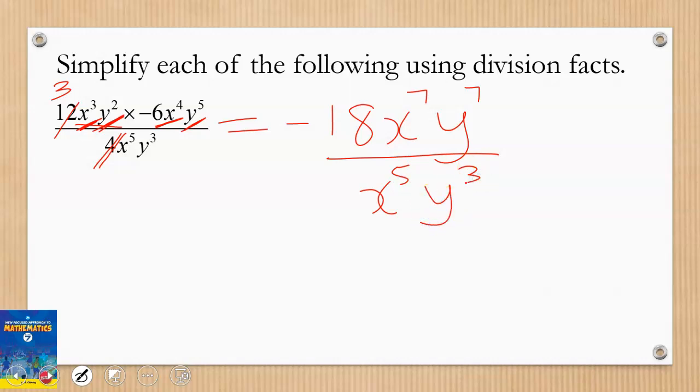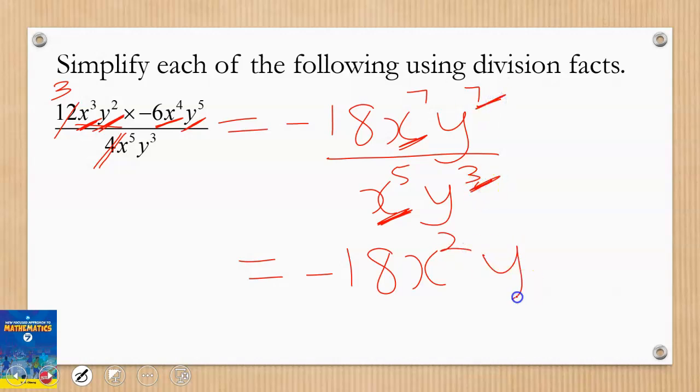Then finally we have negative 18. For x, here we have power 5 and here power 7, so when we subtract, we have x exponent 2. For y, here we have 3 and here 7, so we have y exponent 4. So that becomes our answer. I hope it makes sense, right?